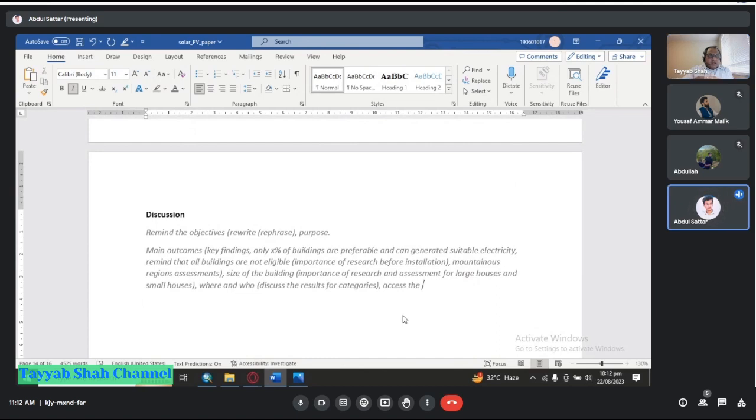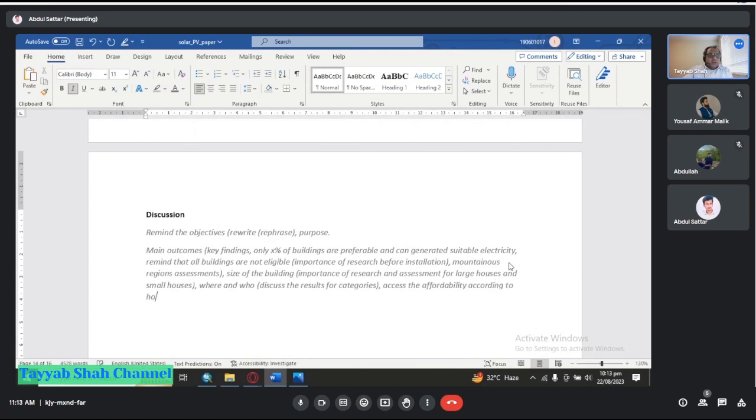If a large number of building footprints out of the 34% of eligible buildings are not able to afford it, the point is what we are going to suggest. This is the point of the discussion.